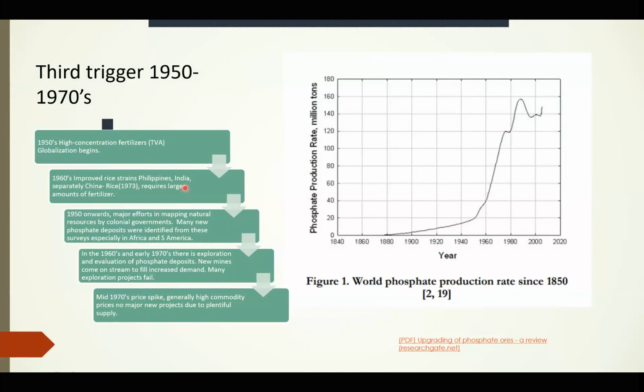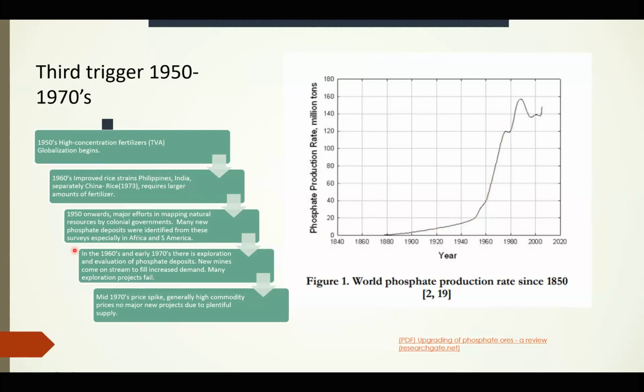So they've got really high yield grains. Separately, China develops its own a bit later. However, rice requires enormous amounts of fertilizer, especially phosphates. So a lot of these increases in production is due to rice, improved rice grains.